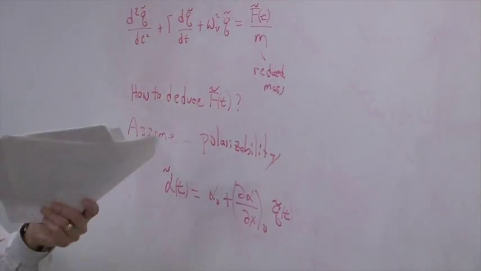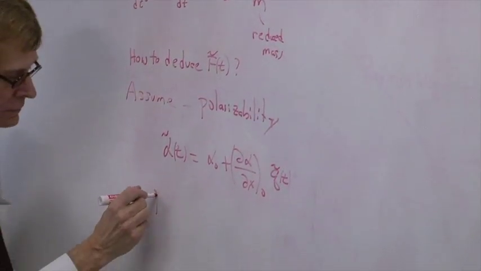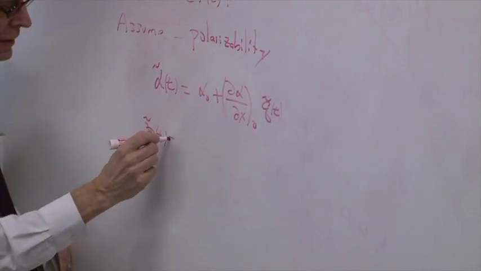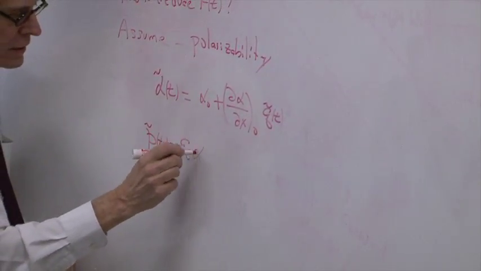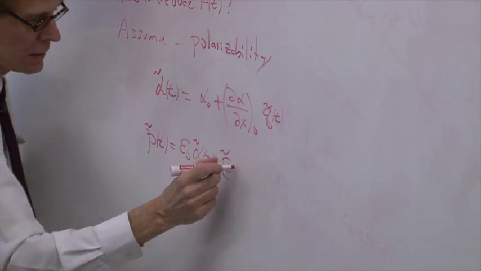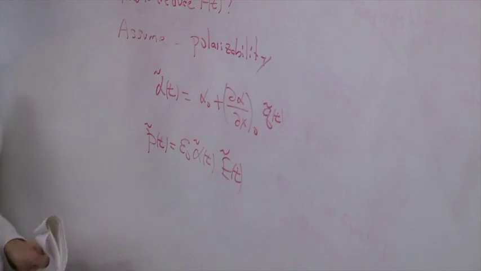Now, this is the usual polarizability, as in p of t is equal to epsilon 0 alpha of t E of t.